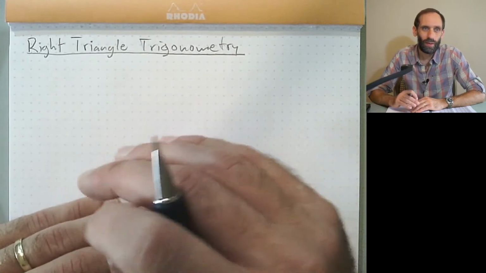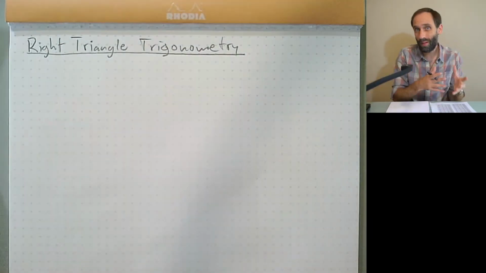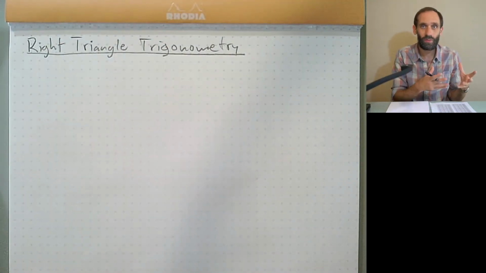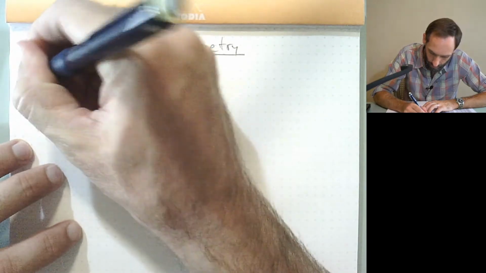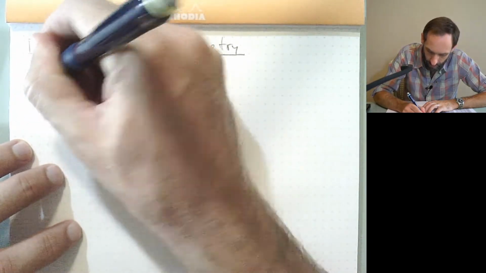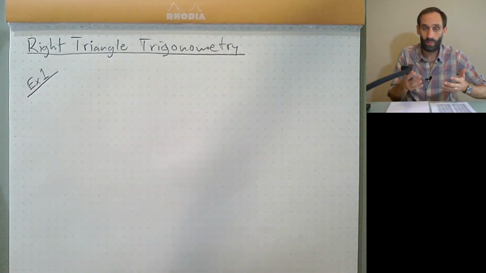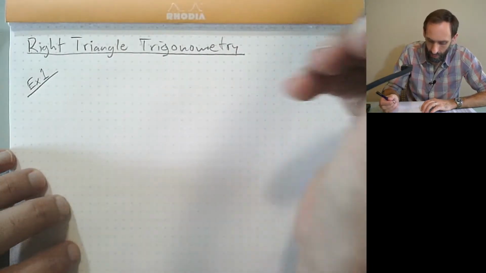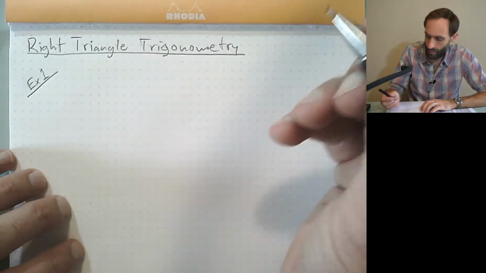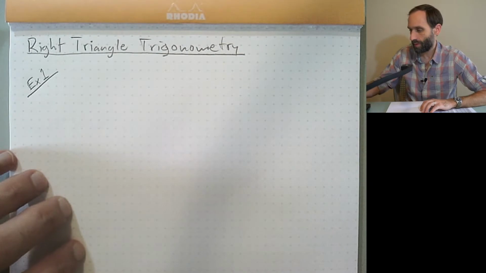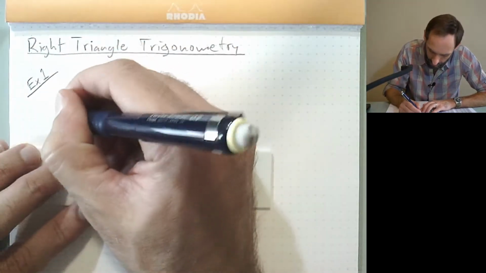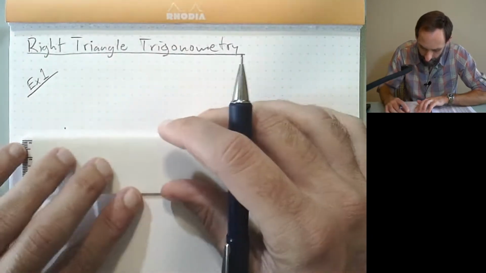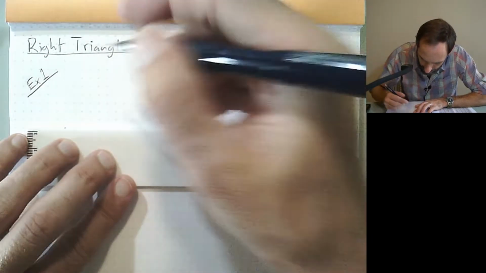Okay, now we'll look at a few examples where we'll apply these concepts of trigonometry to some right triangles. So here's the first example. Of course, I encourage you to take notes as well in your own notebook. In the first example, we're going to be looking at a triangle, and I'm going to get my straight edge out so I can draw nice straight lines, just because that makes me happy.